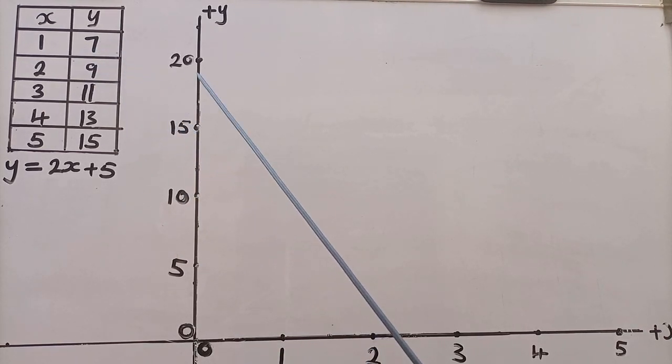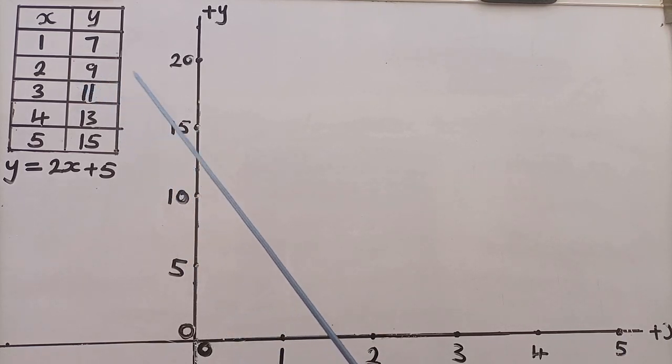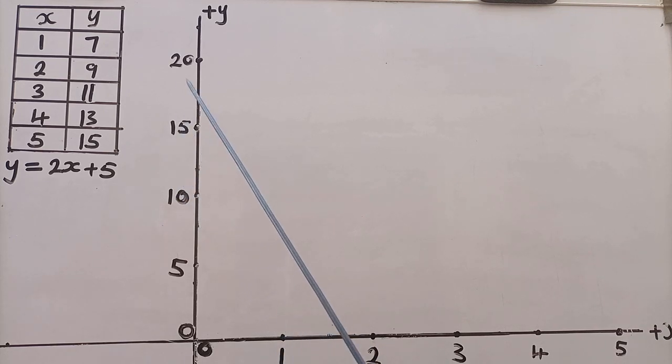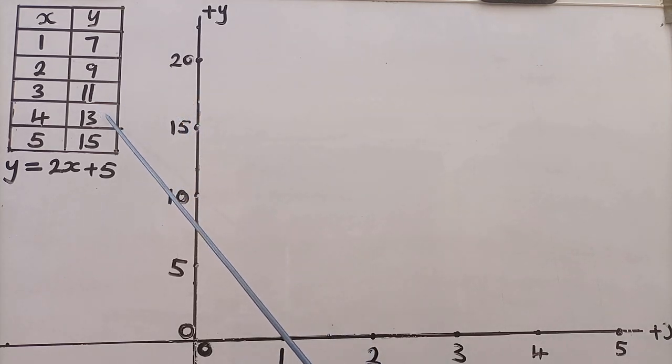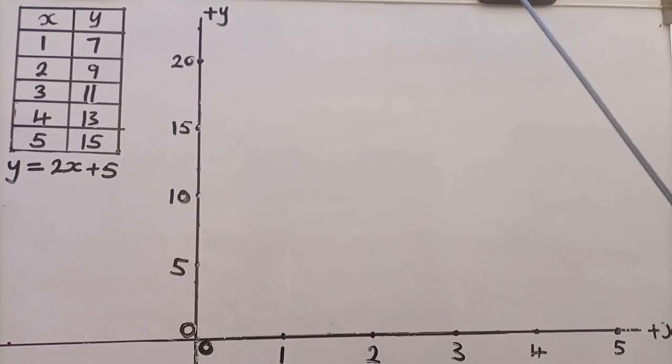This 9 is not written, but exists somewhere between 5 and 10. This 11 is not written, but exists somewhere between 10 and 15. This 13 is not written, but exists between 10 and 15.